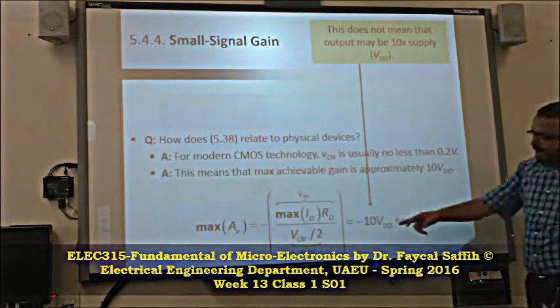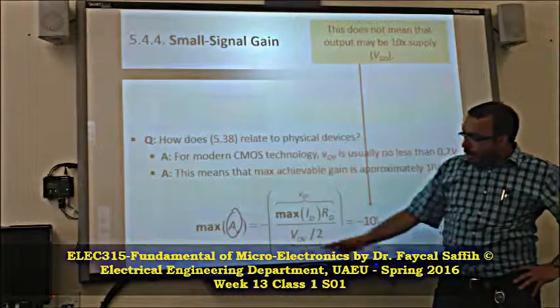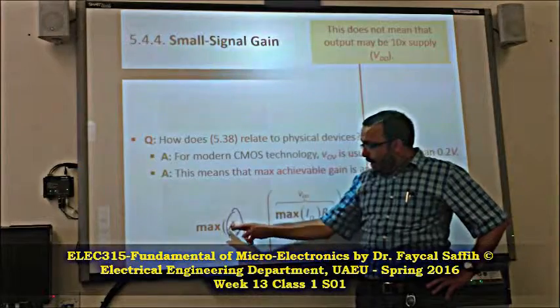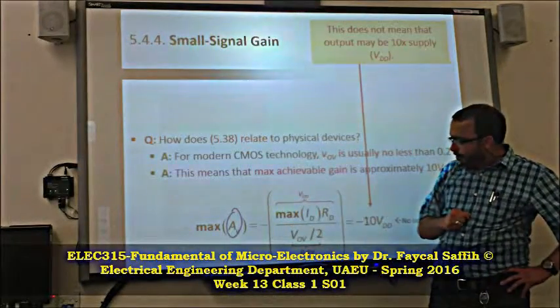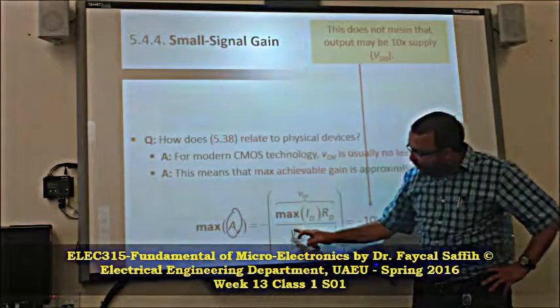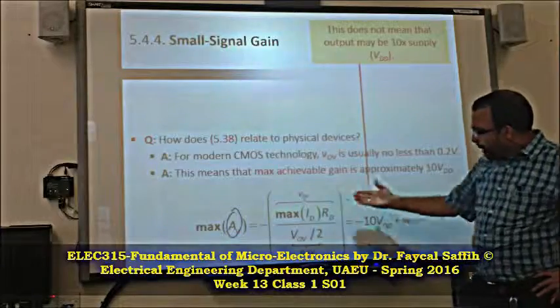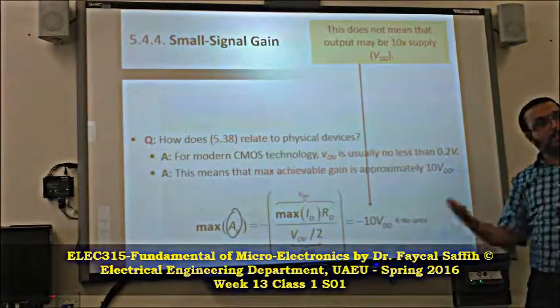If we look at the gain, we want to maximize the voltage gain. To maximize the voltage gain, we need to maximize the voltage drop, and we need to minimize the overdrive. So maximize this and minimize this, and you get the maximum gain. That's what we were just talking about.